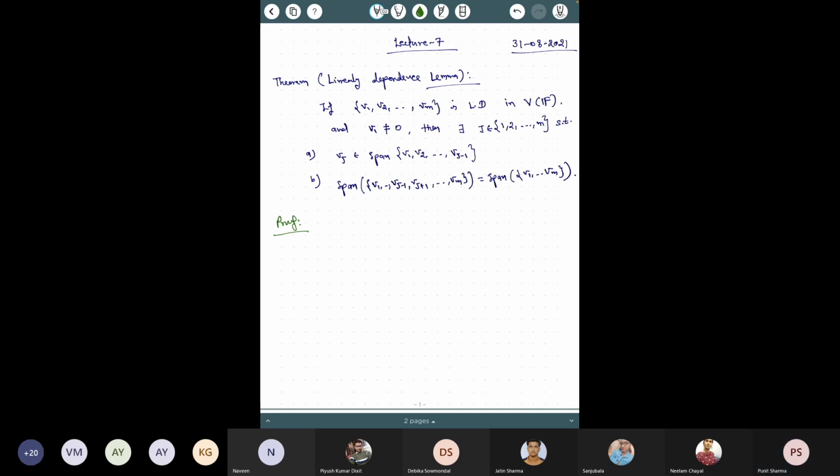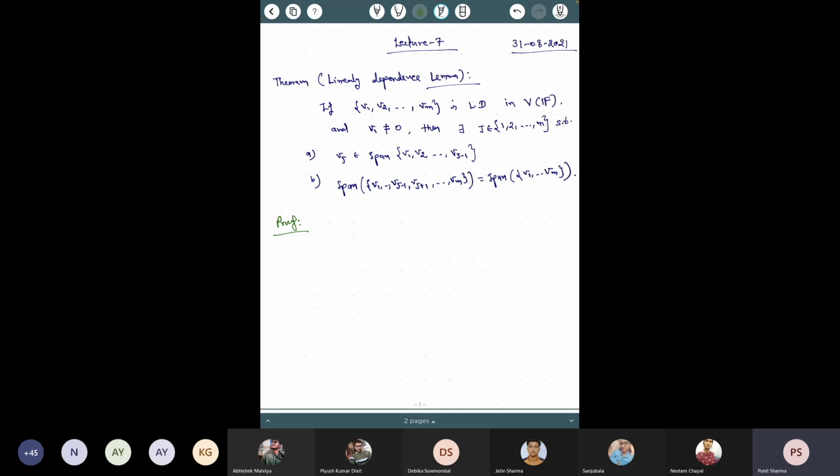Anyone? Yes, sir. First we take vj, which is a scalar multiple of some vectors. But how do you know that such a vector exists? We have to prove it. We are given just a linearly dependent set such that the first vector is not zero.